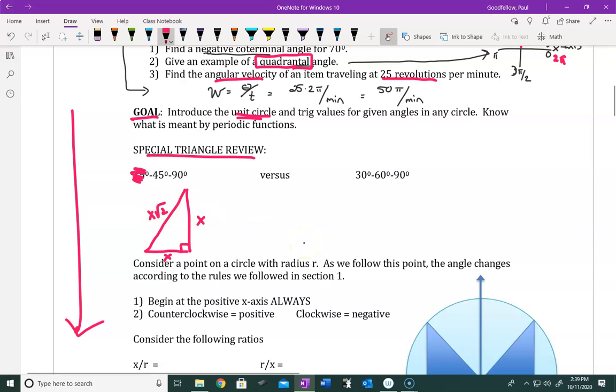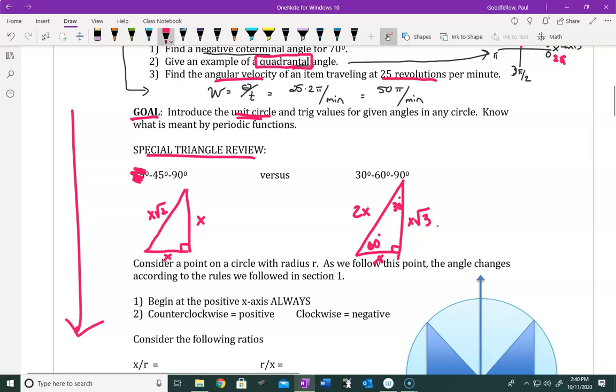You also probably learned that the 30-60-90 triangle, the skinnier version, was a scalene. If you had the shorter leg across from the 30-degree angle, then the side across from the 90-degree angle was 2x, and the longer side, across from the 60-degree angle, was x root 3.